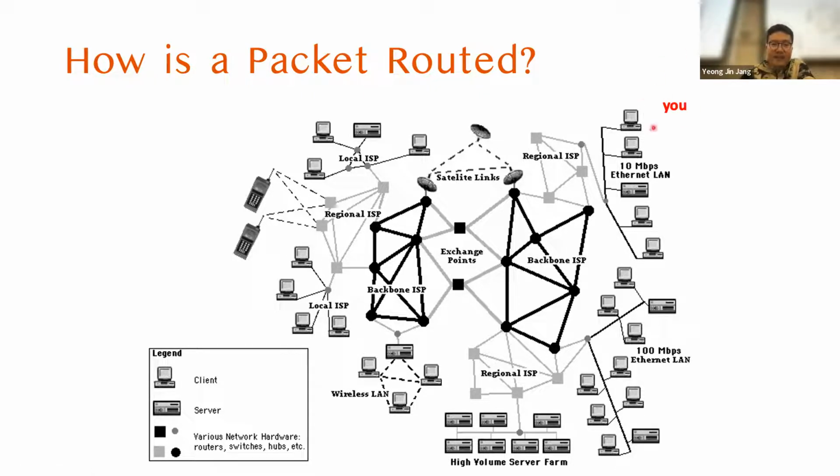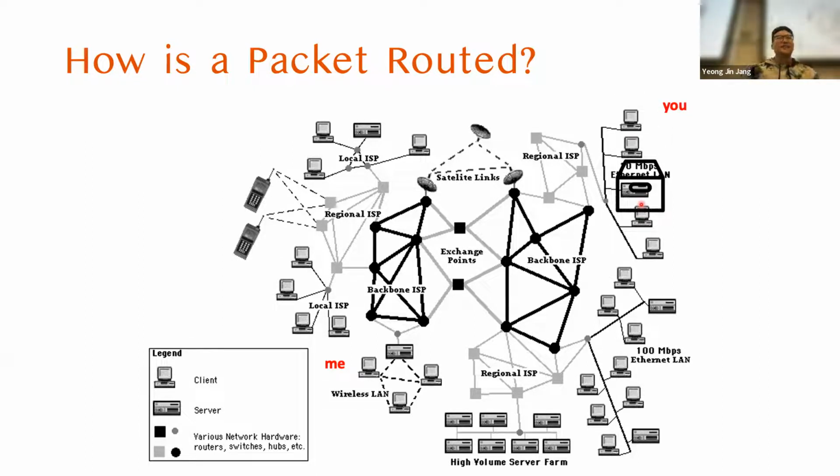Your computer is here, and my computer is here. Your computer would like to send a packet to me. You put some data in your computer and send it, and it goes to the router first.